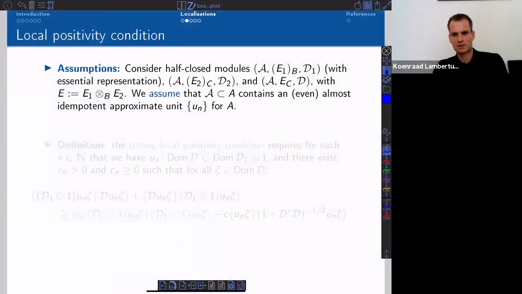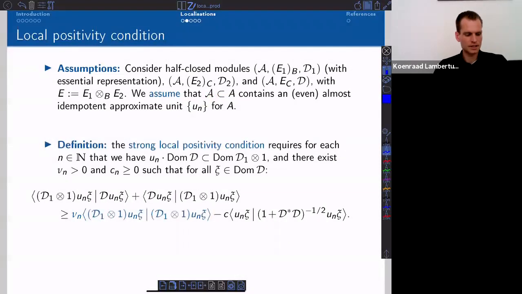So now let's look at localizing the positivity condition. We start with three half-closed modules. We want to compute the Kasparov product of D1 and D2, and we have our candidate for the Kasparov product, which is D. Again, we assume the existence of this approximate unit. Then we define a local version of the positivity condition as follows.